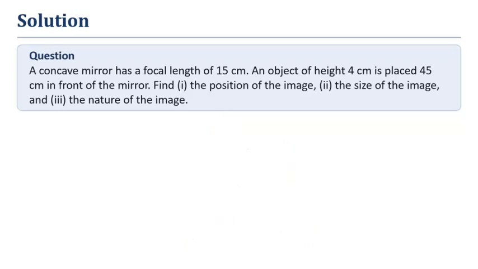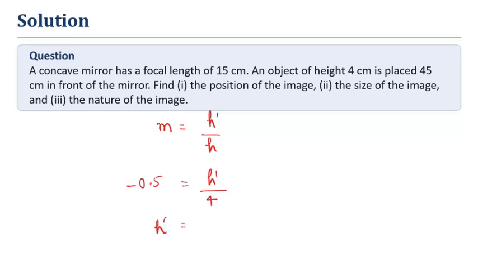Now moving to the third part. In the third part we need to use magnification again to find the height of the image. This time we need to take the magnification formula as height of image divided by height of object. So, substituting the value of magnification we just found, minus 0.5 is equal to h dash, the image height we need to find, divided by the object height, given as 4.